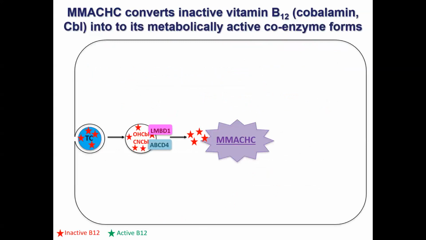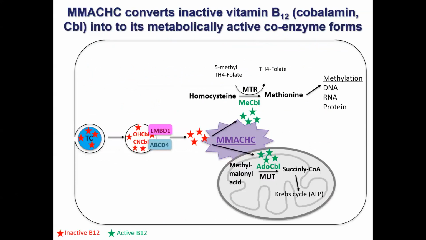So what is this gene Mmachc that is affected? What you need to know about Mmachc is that it is an enzyme that is required in the cell to convert inactive B12 into its active form. Don't worry about this diagram here. All you need to know is that you get inactive B12, these red stars here, and Mmachc, this enzyme, will convert inactive to the active forms.